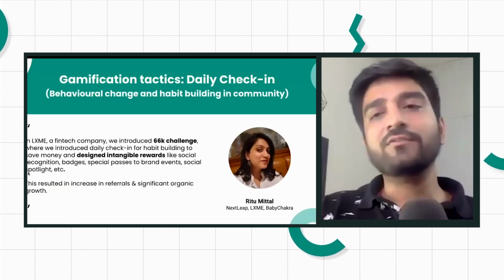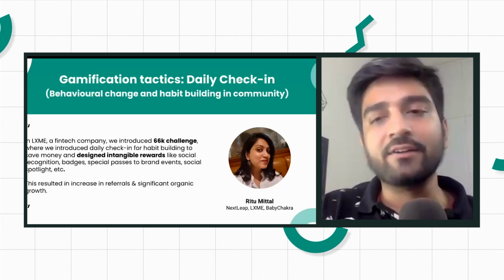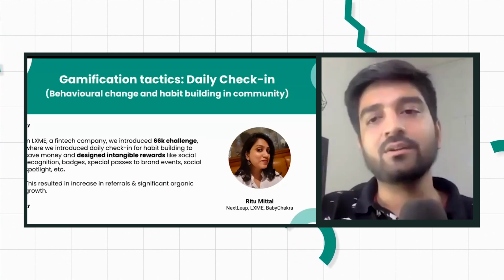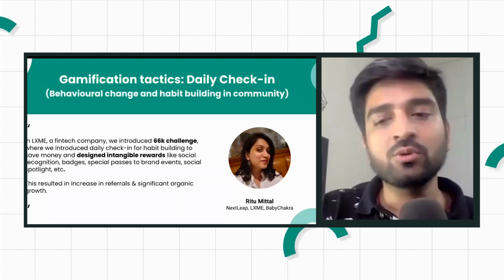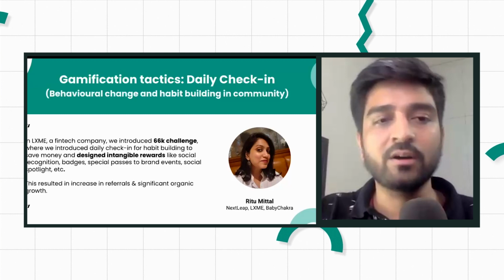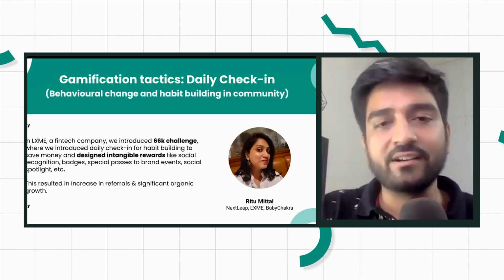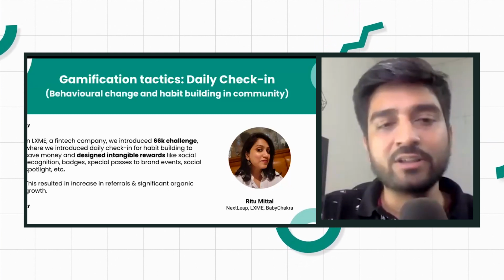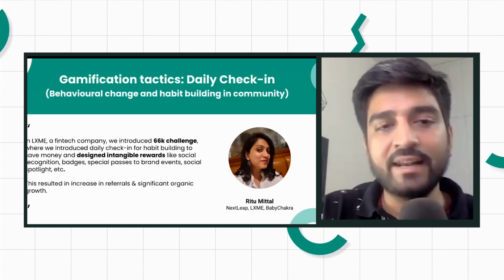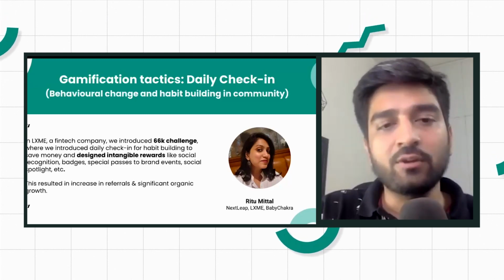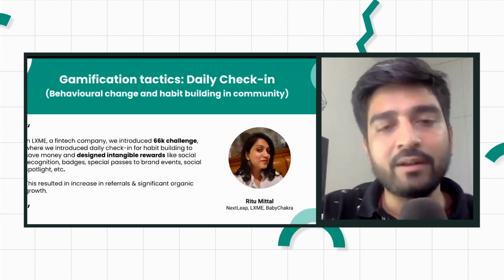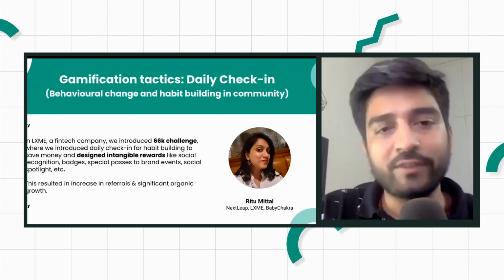Now, one of the other tactics that works really well in a lot of cases is daily check-ins. So, Ritu, who has run communities with Next Leap, Lakshmi, Baby Chakra, highlighted this very interesting case study where at Lakshmi, they introduced this 66,000 challenge. Lakshmi is a fintech app focused on women, they want women to invest.